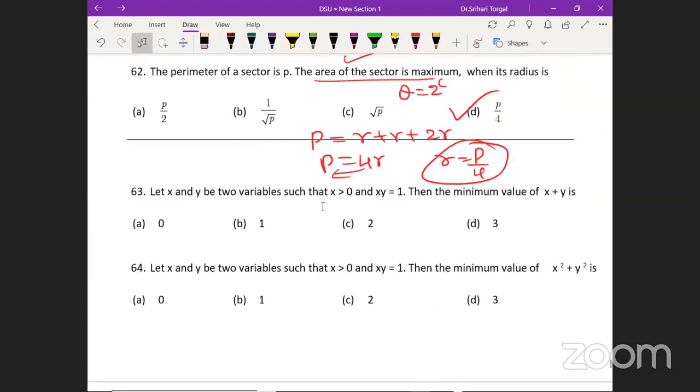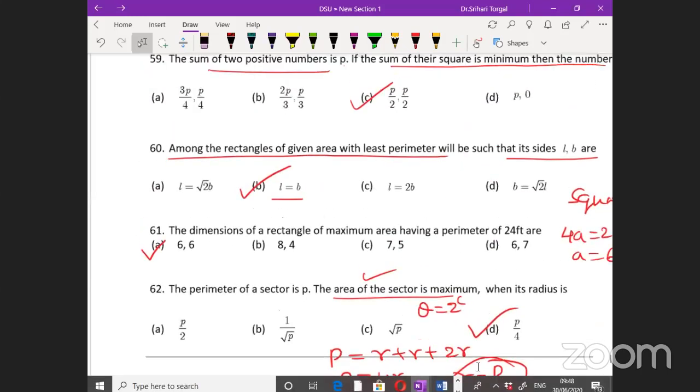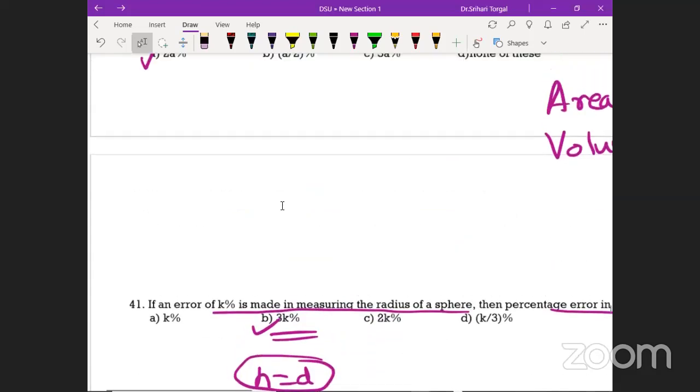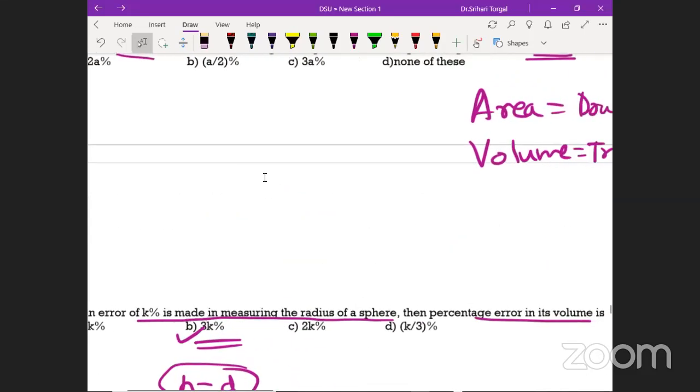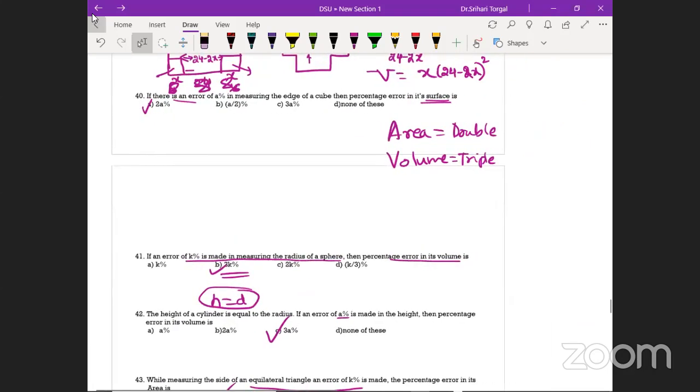X and Y are two variables, xy equal to 1, and it is root 1, 2 is the answer. This is also the same kind, 1 square plus 1 square, that is 2. Yeah, everything is over. For practice, I have made repeated problems so that you will get the idea.